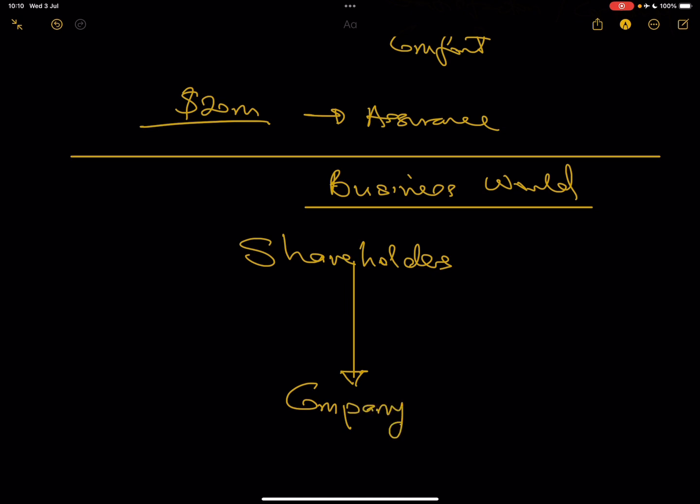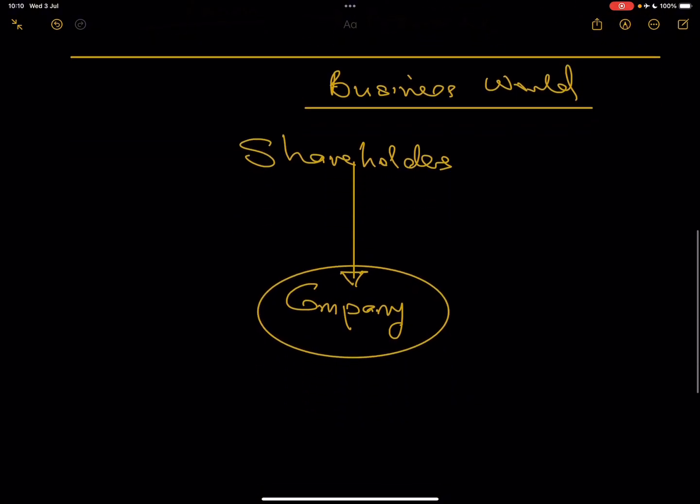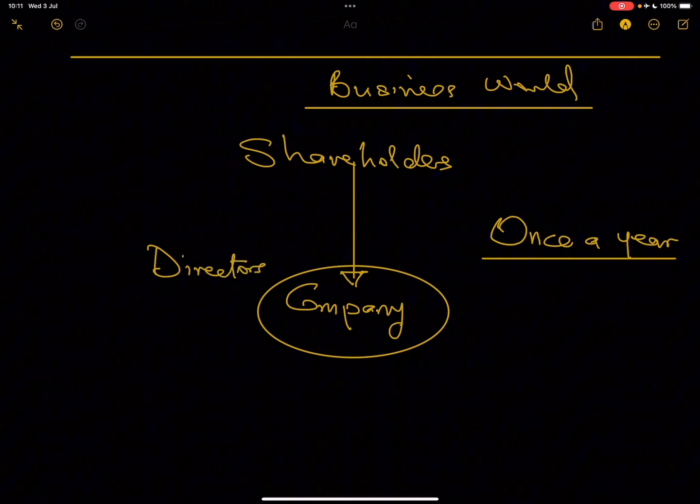However, they don't work inside this company. They don't know what is going on in this company on a day-to-day basis. They only engage with this company most likely maybe once a year during the AGM. And this once a year is not even enough to get confidence on what is going on with the company. The company is being supervised by the agents, called the directors, and the management.